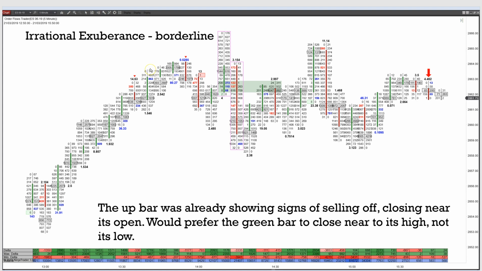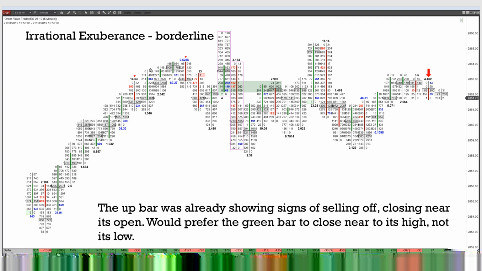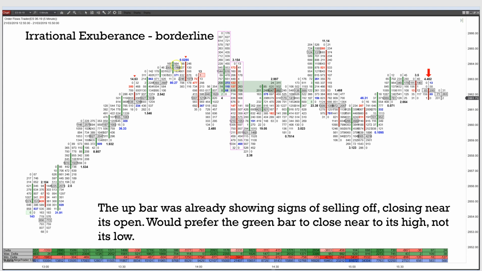Now this one, when I first put this up here, I was looking at this bar and I said borderline, because there's a lot of borderline. I don't have the heavy volume here. There's this small little high, and then the next bar is an engulfing pattern.